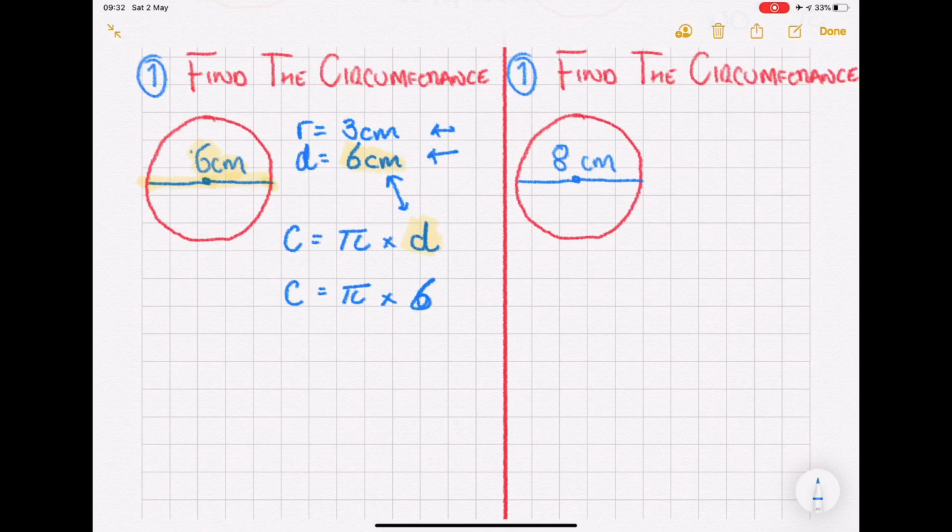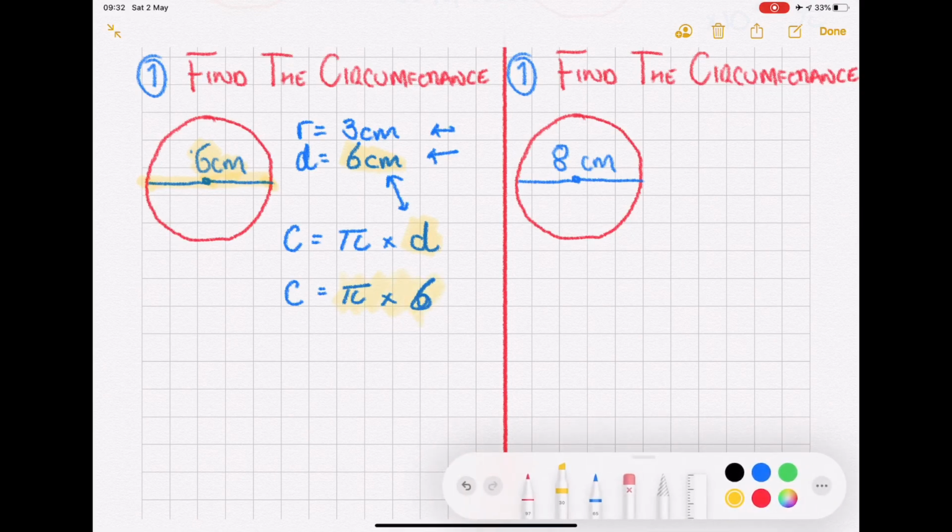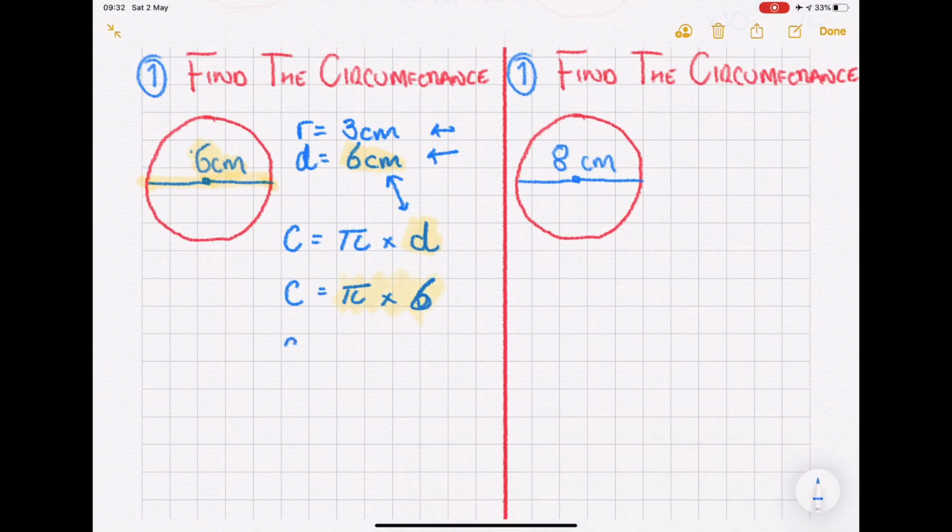Now, if we get our calculator, we can type this pi times by 6 into our calculator, and that will give us a value for our circumference. So if we find the pi by doing shift times by 10 to the power of x, and then we times that by 6, we end up with 18.8496 centimetres as our answer. And we know it's centimetres because the diameter is in centimetres.